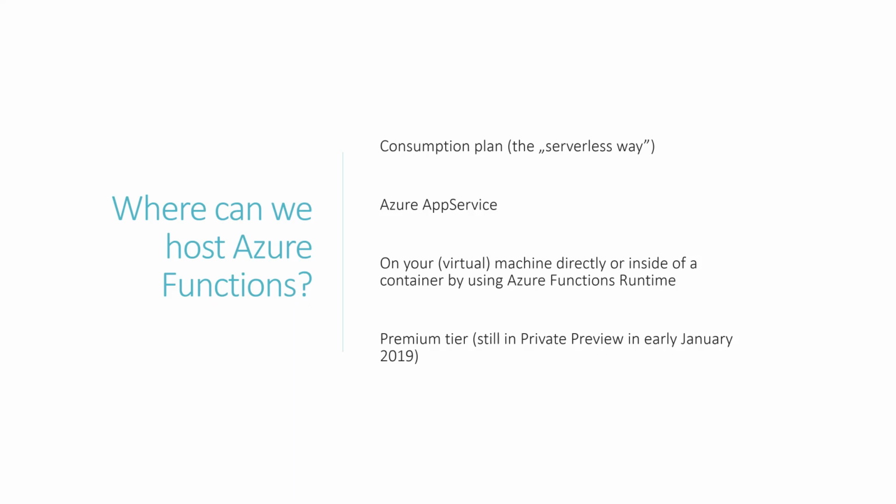A third way to host it is on a machine you own, be it your on-prem machine, your on-prem virtual machine, or a virtual machine in Azure, AWS, Google Cloud Engine, or wherever. So how can you host it there? There's a cool thing called Azure Functions Runtime, which allows you to run your functions somewhere where you install it.